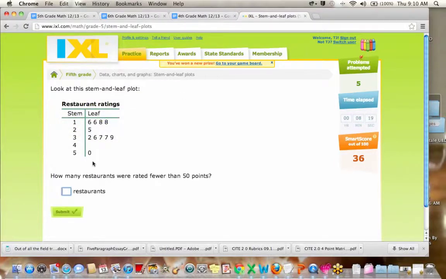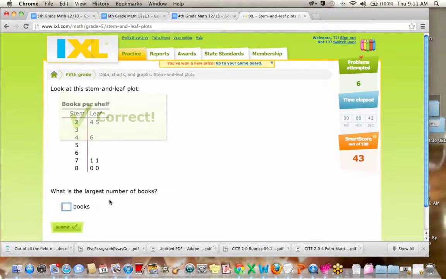Okay, how many restaurants were rated fewer than 50 points? So we got to look at not the 50 because we want fewer than 50 points. So let's just count. There's 1, 2, 3, 4, 5, 6, 7, 8, 9, 10. Yay!